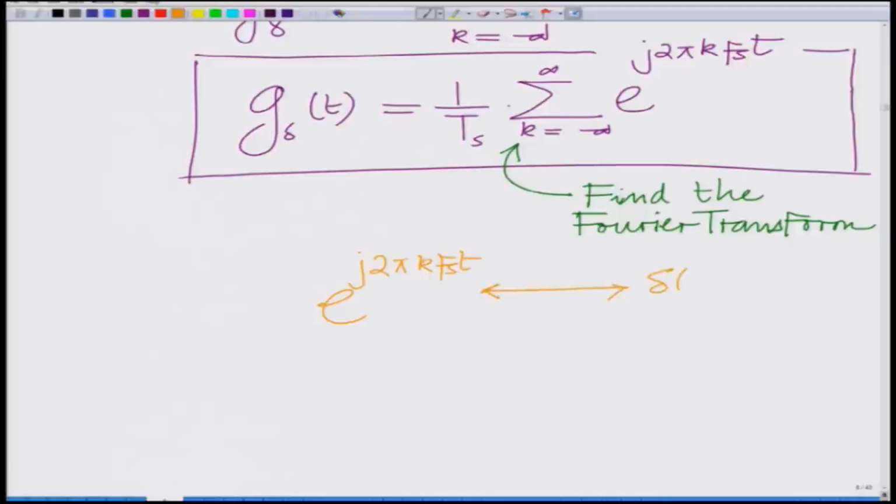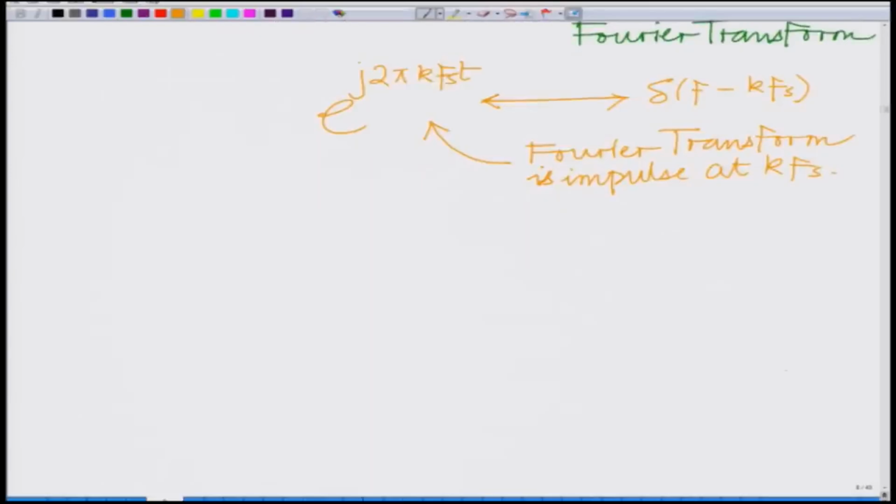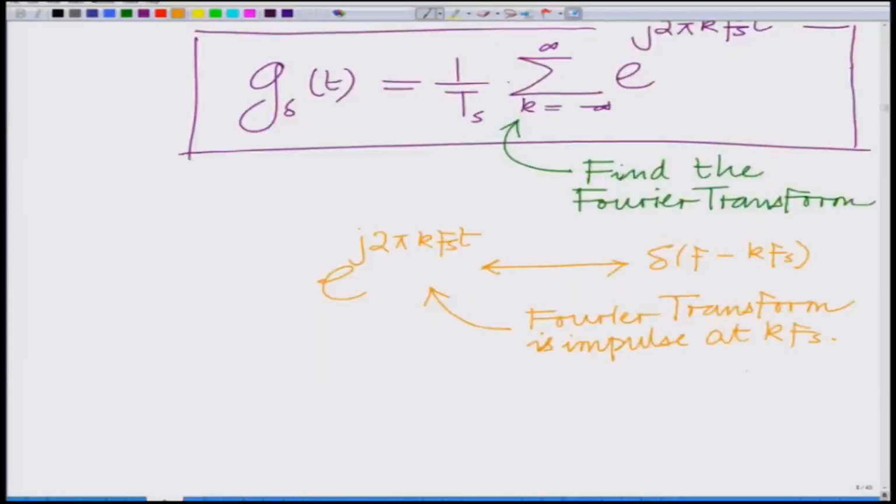The Fourier transform of this is an impulse at k f s, correct. The Fourier transform, or basically the spectrum, is an impulse at k f s, which means the Fourier transform of each term is basically an impulse delta f minus k f s.